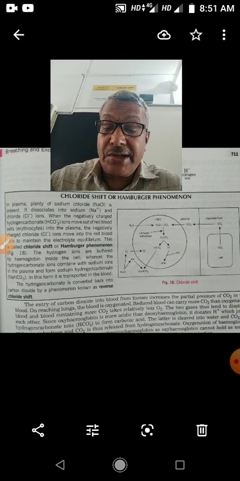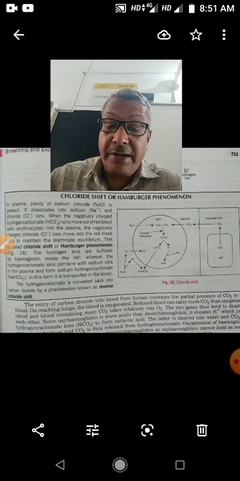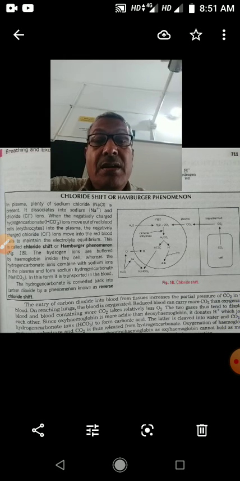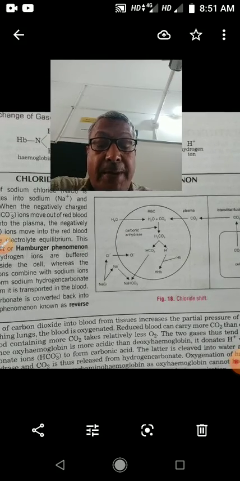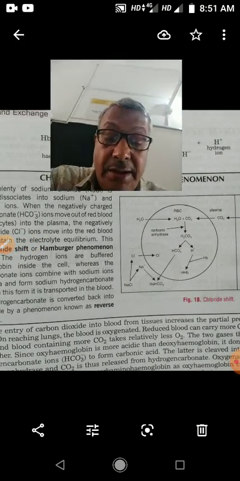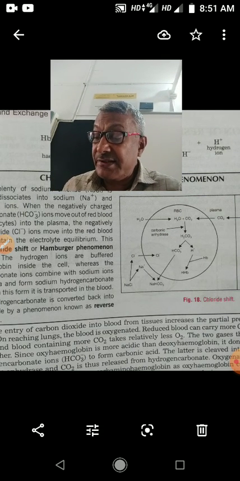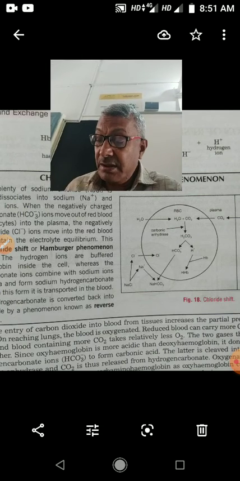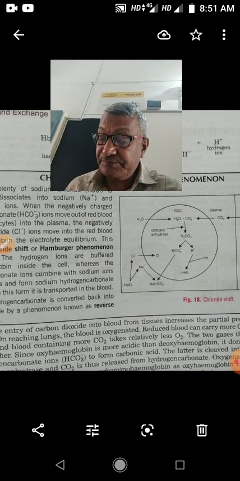Carbon dioxide dissolves in the blood plasma and forms carbonic acid. This reaction of formation of carbonic acid occurs in red blood cells.